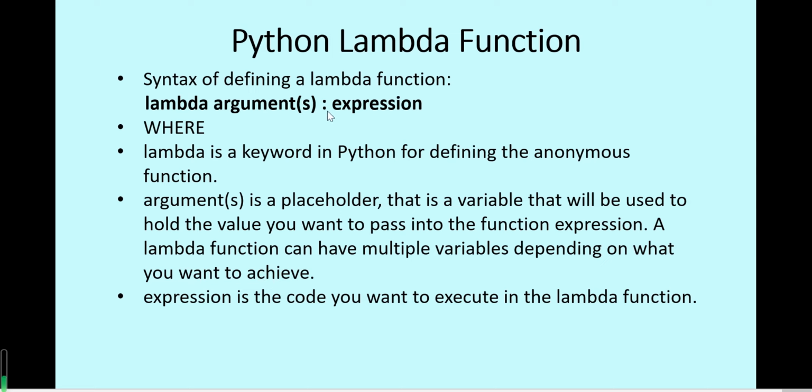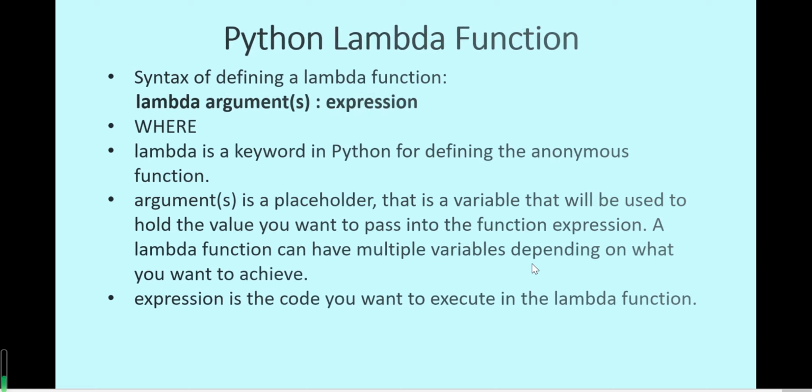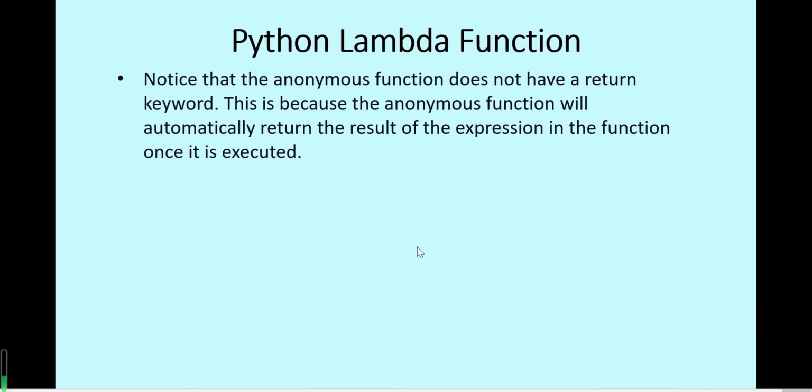And then the expression, colon with expression. Expression is the code you want to execute in the Lambda function. This expression is also quite similar to the expressions you write in a normal function with a function name. But notice that the anonymous function does not have a return keyword.